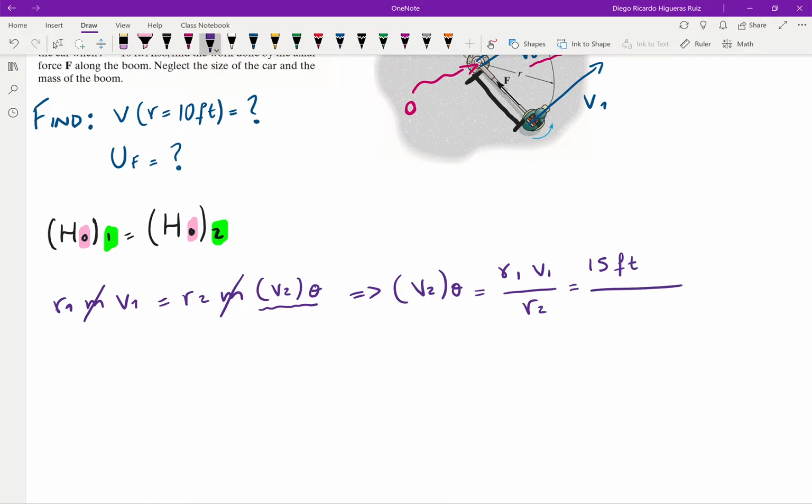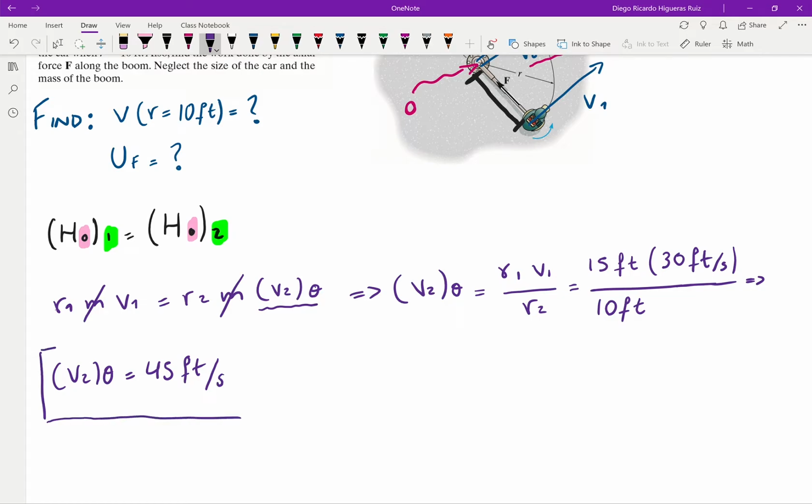Again, I just want to keep my units all the way through the problem at every single step, divided by 10 feet, and then the velocity v1 is given, and I believe that's 30 feet per second. There we go. So if we solve, v2 theta is equal to 45 feet per second. That's the first part of the problem.